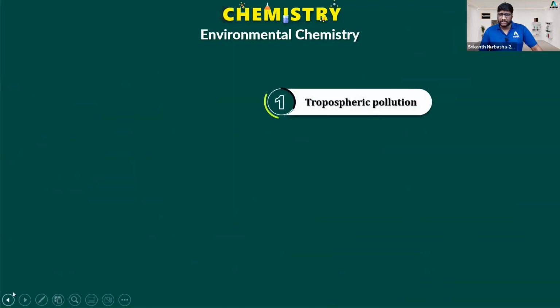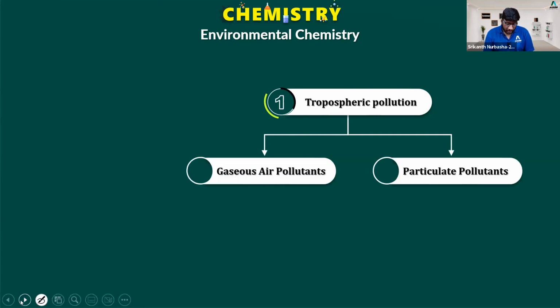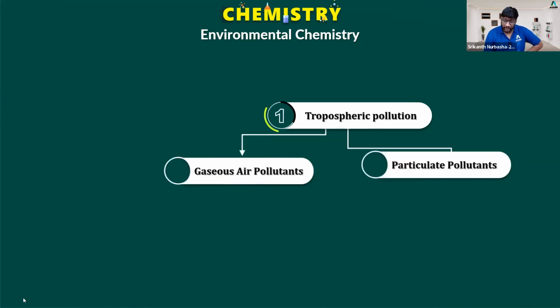So far we have discussed gaseous pollutants: SO2, NO2, NO, hydrocarbons, CO, carbon monoxide, carbon dioxide, global warming, acid rain. Then the next kind of tropospheric pollution is due to particulate pollutants. In the particulate pollutants, we have smoke, dust, mist, and fumes, different categories.